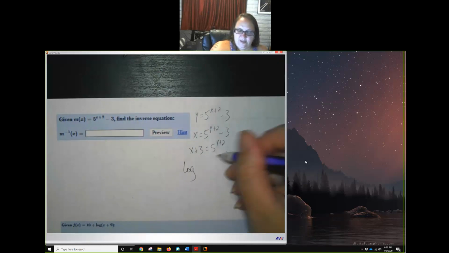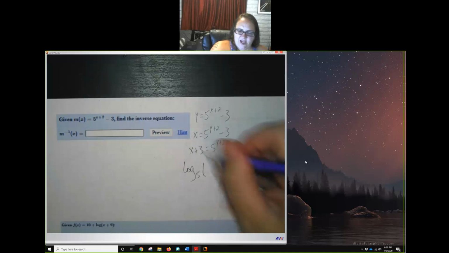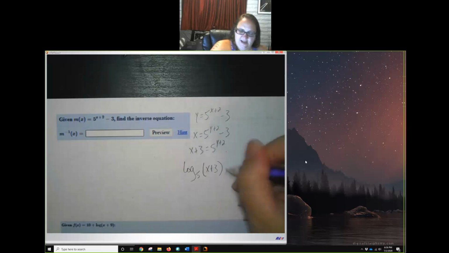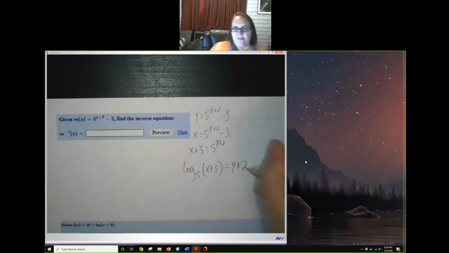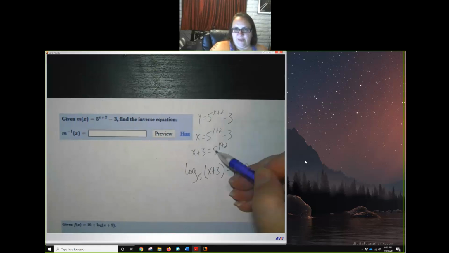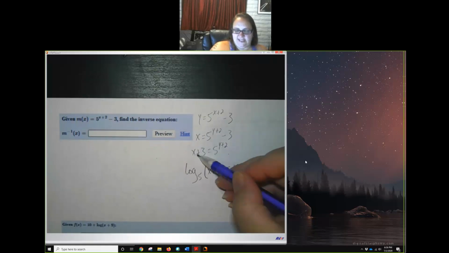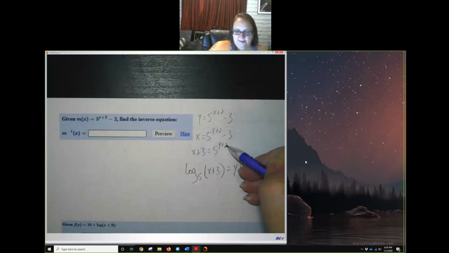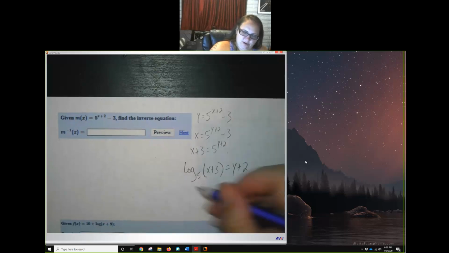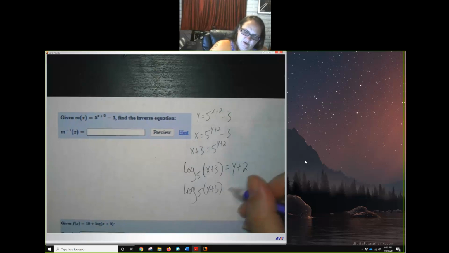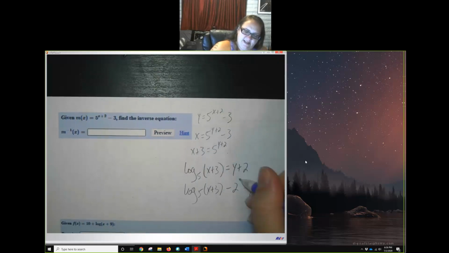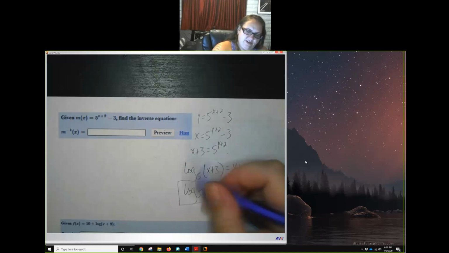Log with base 5 of x plus 3 equals y plus 2. Log with base this of this equals this. And then we'd move the 2 over. So the minus 2 would be on the outside of the parentheses, and that is your inverse.